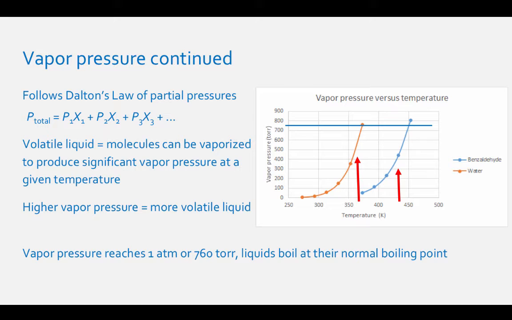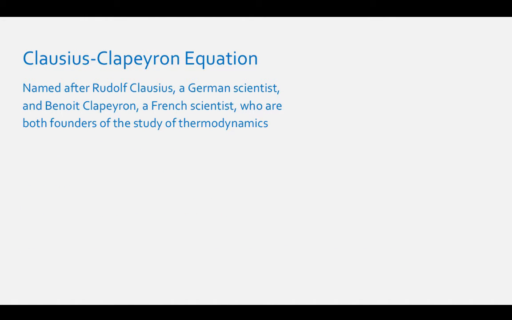When the vapor pressure reaches 1 atmosphere, or 760 torr, and boiling occurs, this is called the normal boiling point of a liquid. The Clausius-Clapeyron equation is named after Rudolf Clausius, a German scientist, and Benoit Clapeyron, a French scientist, who are both founders of the study of thermodynamics.